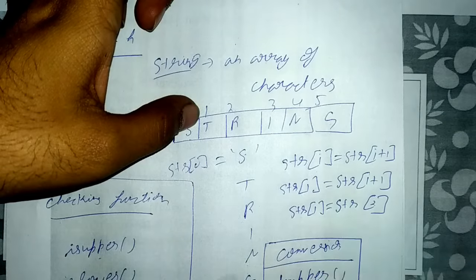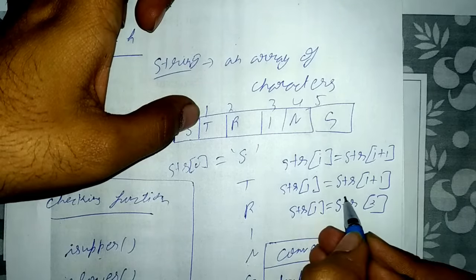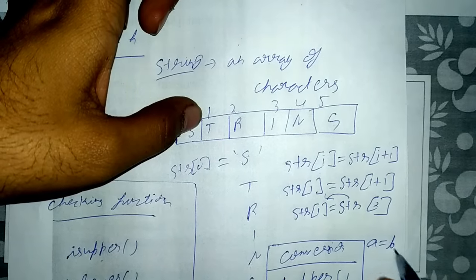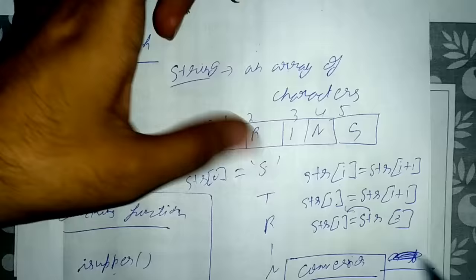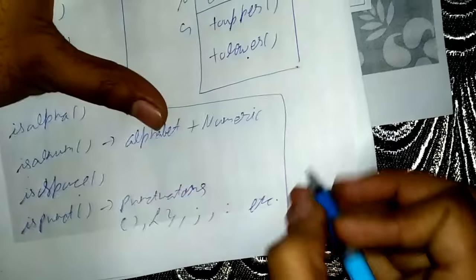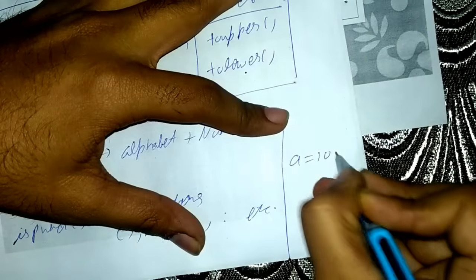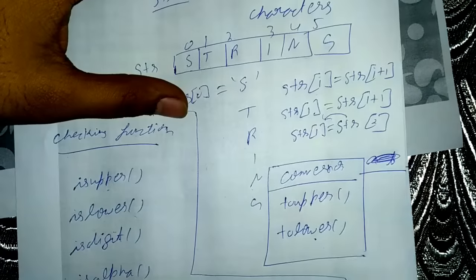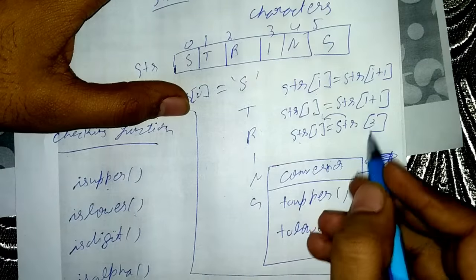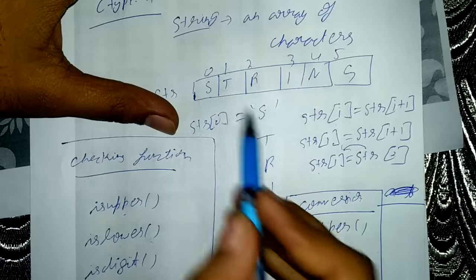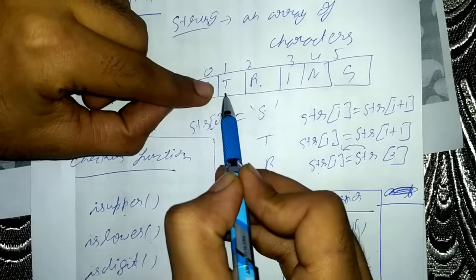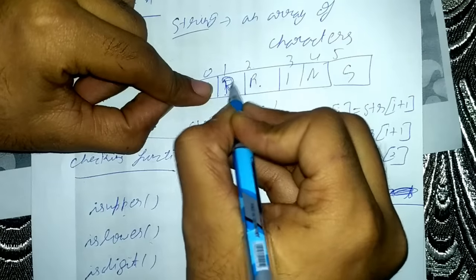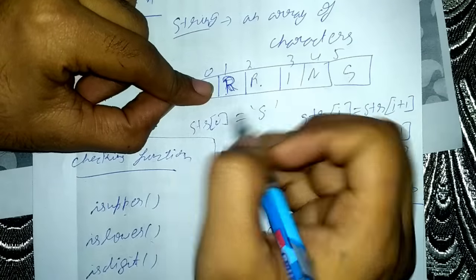In C++, the assignment operator works from right to left. Like if you are writing A = 10, that means the value 10 will be assigned to A. In the same way, str[1] = str[2] means the value of str[2], that is r, will be assigned to str[1], so str[1] will contain r, its value will be updated as r.